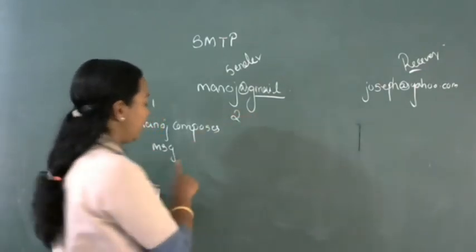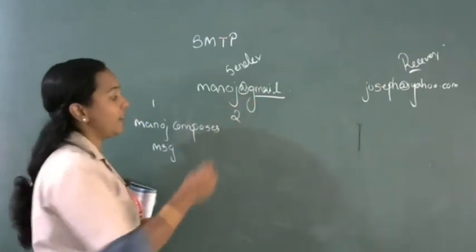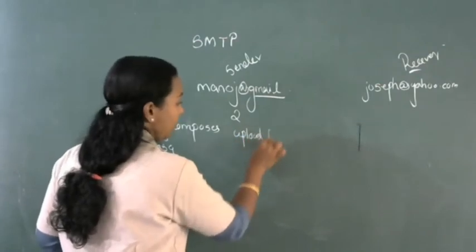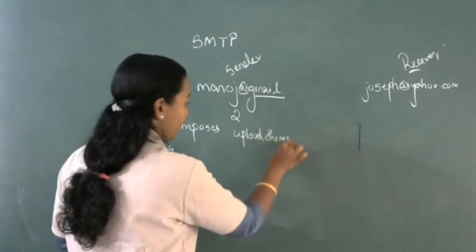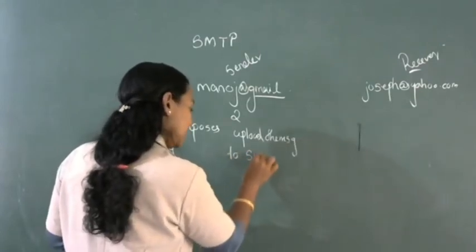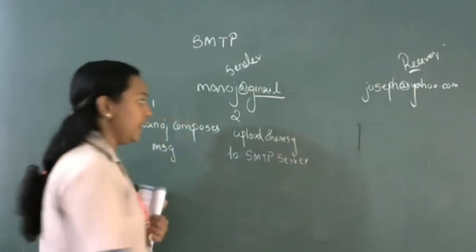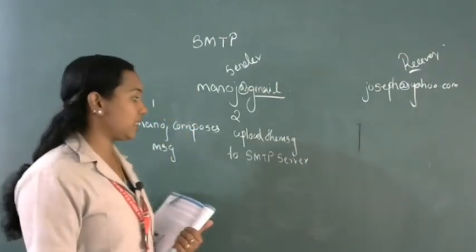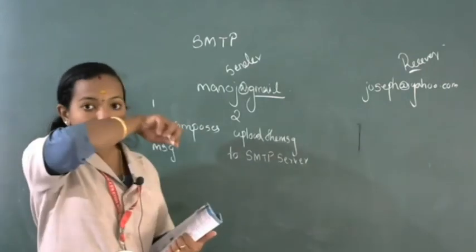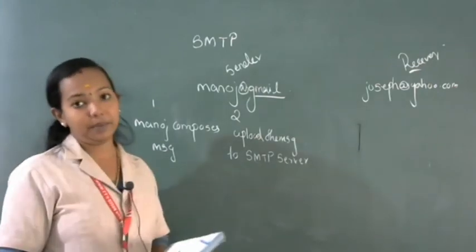The sender's service provider, the Gmail service provider, uploads the message to the SMTP server, the Simple Mail Transfer Protocol server. It will upload that file into the SMTP server.